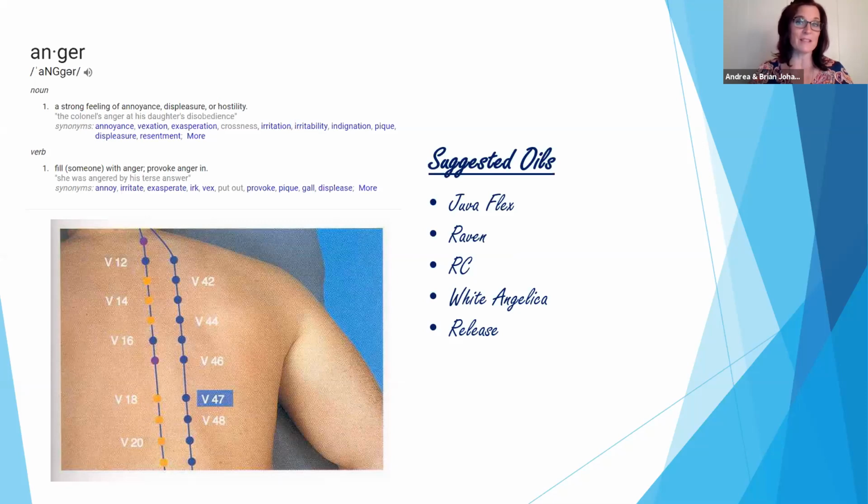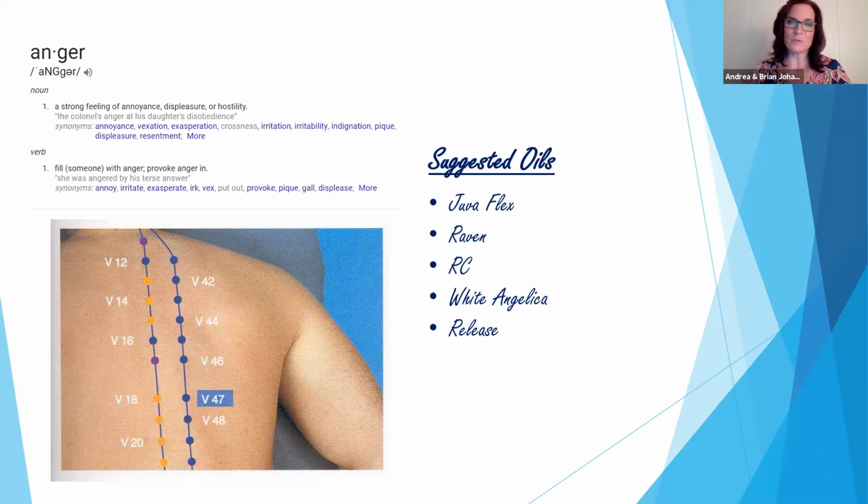If you got that as a free oil and you don't know how to use it, this is a great way to use that oil that you got for free. Raven and RC, we're going to talk about why those upper respiratory supporting oils are great to use in conjunction with this acupoint.